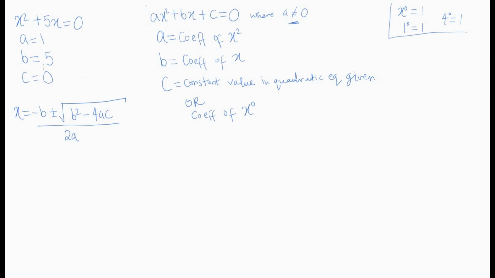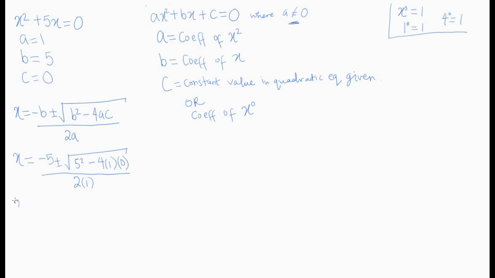So all you have to do here is plug in a right here and right here, b right here and right here, and then c right here. So let's go through the process. x equals -5 plus or minus the square root of 5 squared minus 4 times 1 times 0, over 2 times 1.